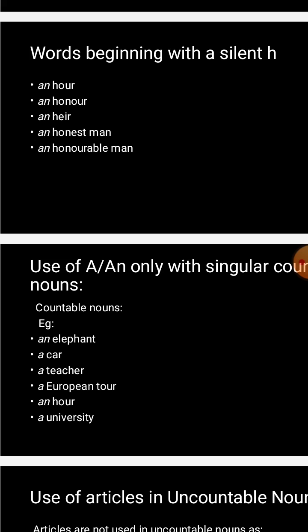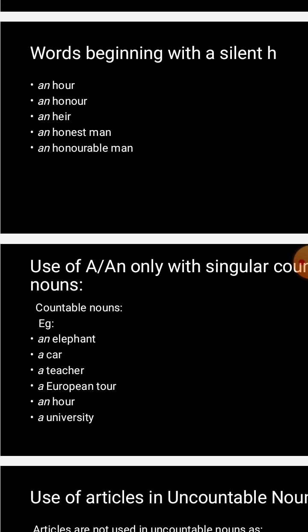Now for example, an elephant. Elephant is singular. You can count here. When you say an elephant, we all understand that we are talking about one elephant. Next you have the example here. A car. Again, singular. A teacher.